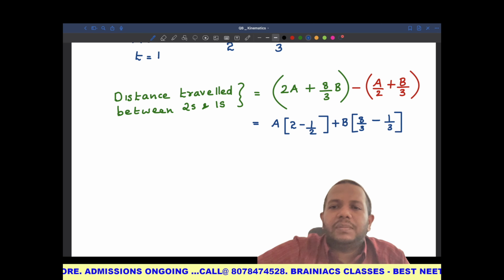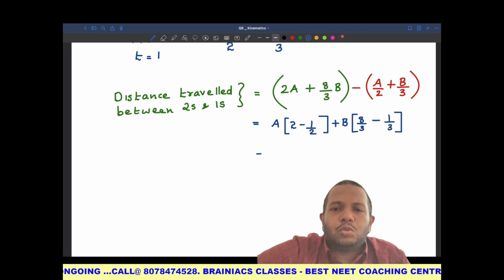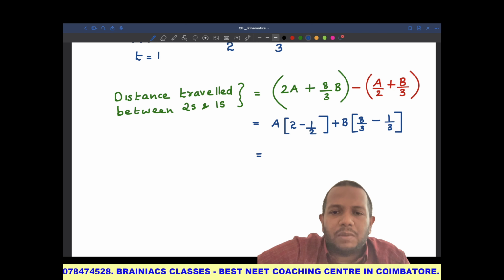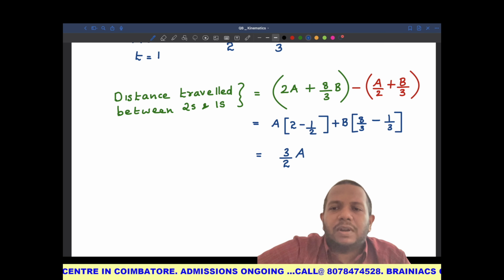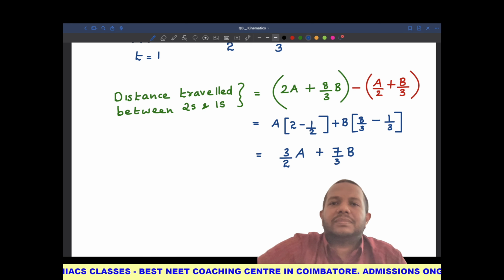Okay, I hope you could see it. Now what you will get? Here 2 minus 0.5, that is 1.5. 1.5 is 3 by 2a. Correct? Similarly, 8 by 3 minus 1 by 3, that is 7 by 3. So I can say that is 7 by 3b. So this should be my answer.